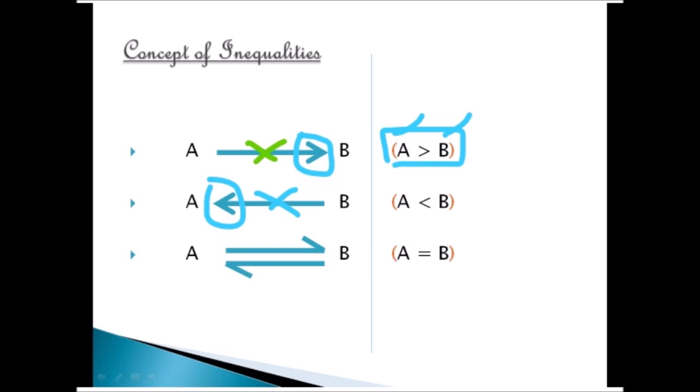If I remove the line, the structure is like this, and that means my starting point is B and my destination point is A. So I can say from B to A. In the third, it is a bit confusing, but rather than saying A equals B, we will say we can move from A to B as well as B to A. So this is basically the two-way path or two-way direction.